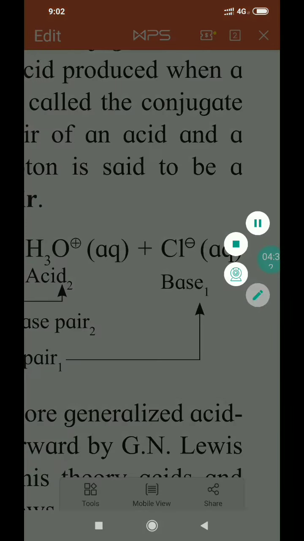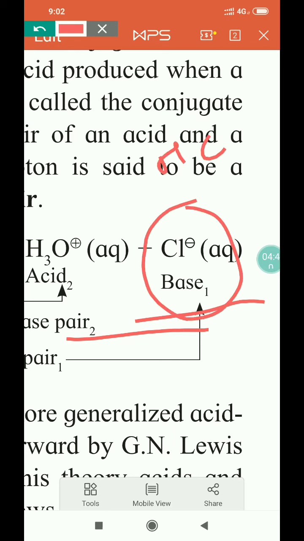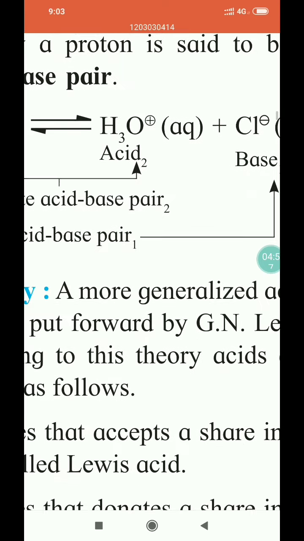Now this Cl negative is from HCl, so this is the conjugate base of HCl, and H3O positive is the conjugate acid of H2O. So this is the conjugate acid of the given base and the conjugate base of the given acid. So this is called a conjugate acid-base pair.